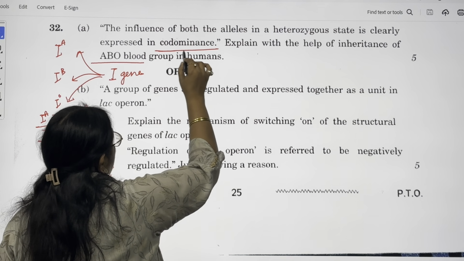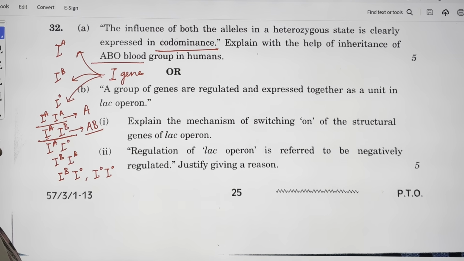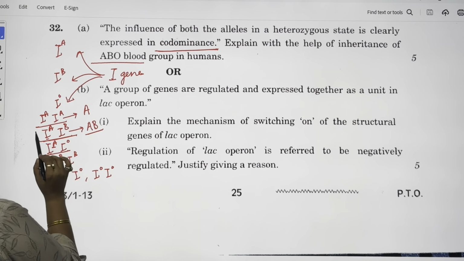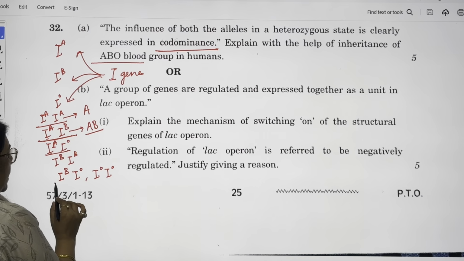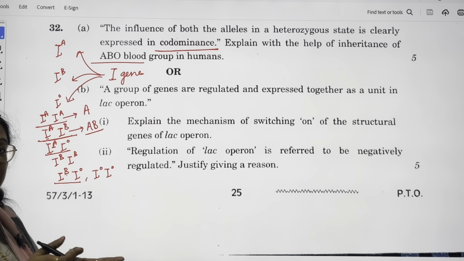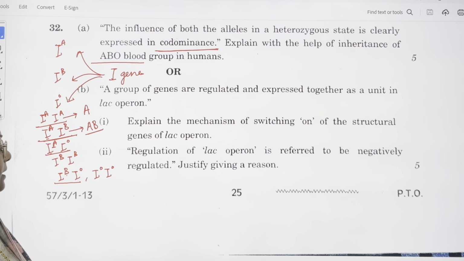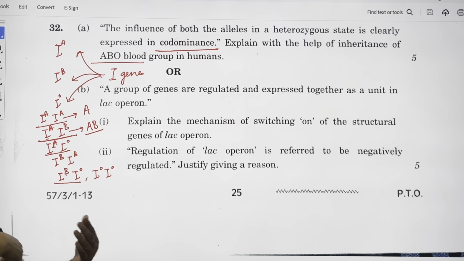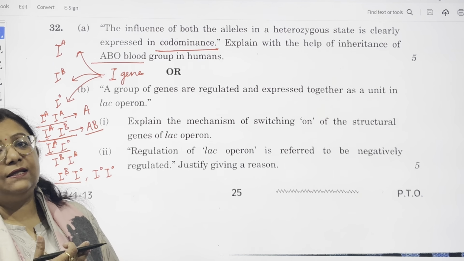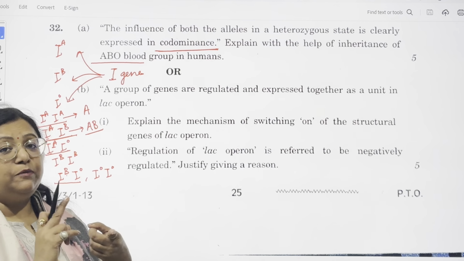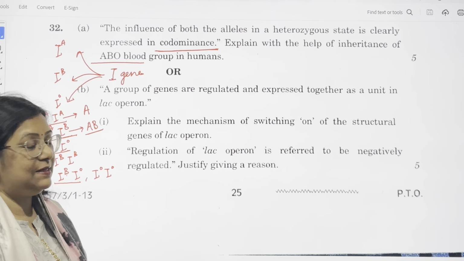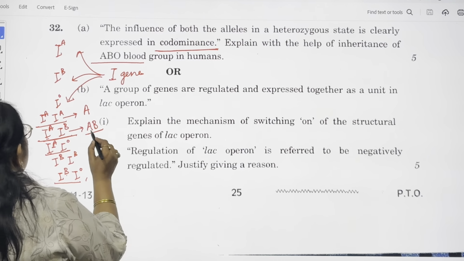Codominance is shown here. It means in case of IA, I naught, A is dominant. In case of IB, I naught, B is dominant. But when the heterozygous condition IA and IB, both are dominant and both of these alleles express themselves. It means both type of antigens are formed on the surface of RBC, A and B type.